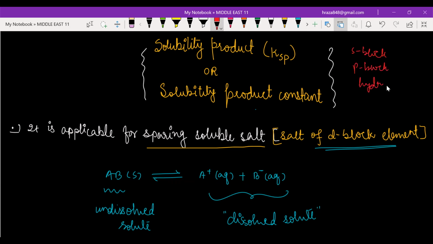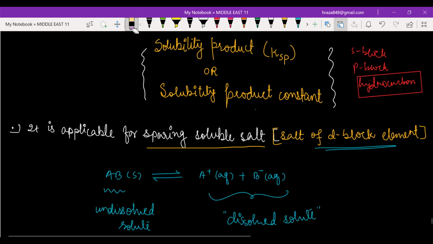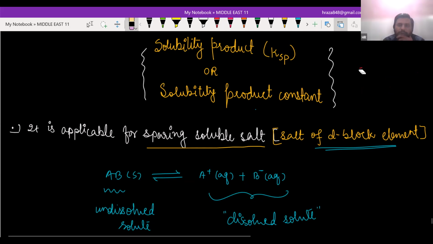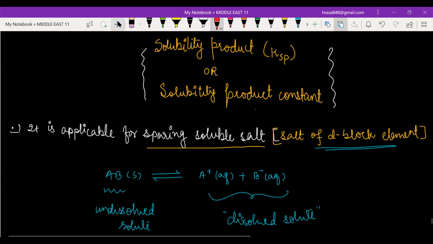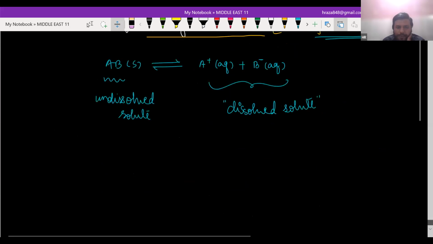After this chapter, we will go for hydrocarbon first. Okay? Then S block, then P block. If you are done with this, let me know. Done, sir. Fawaz.